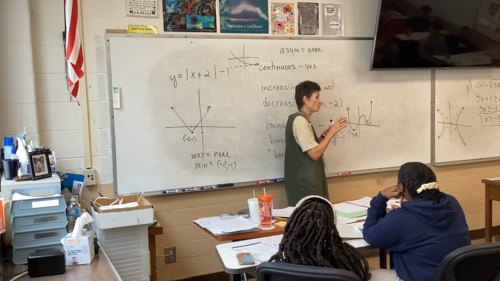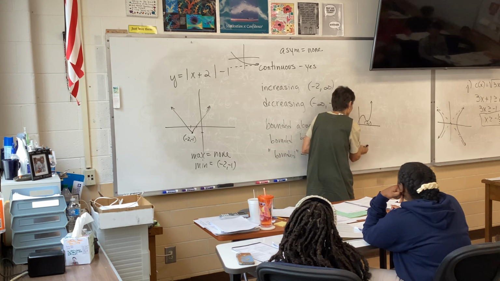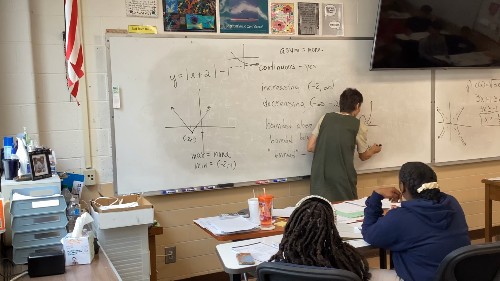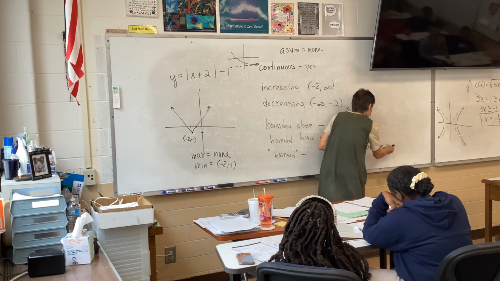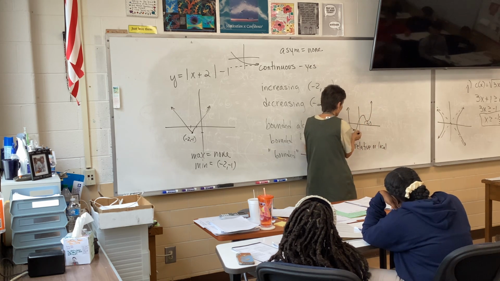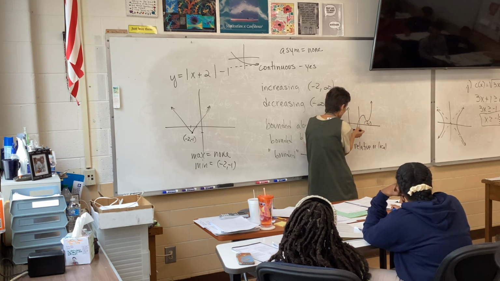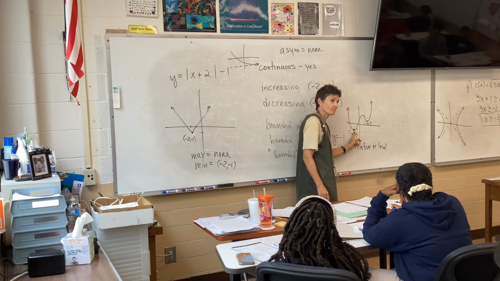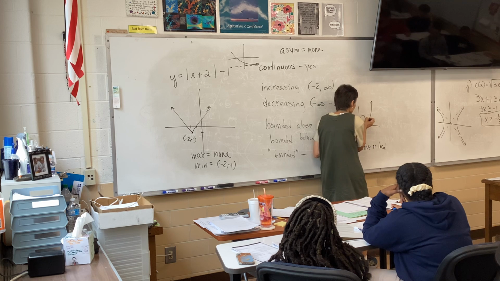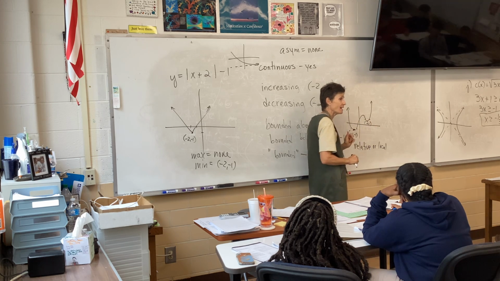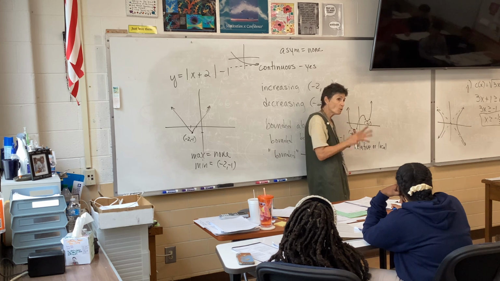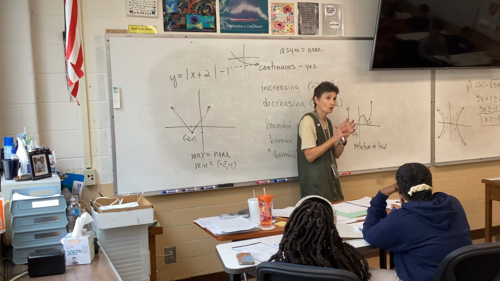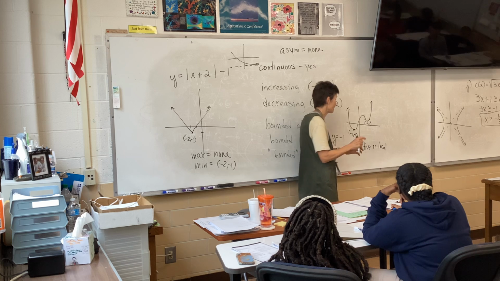They're what we call relative or local minimums. And what that means is, this point right here, compared to the points on either side of it, that's the lowest point. Same with this one. Compared to the points on either side of it, that's the lowest point. So both of those are considered local or relative minimums.